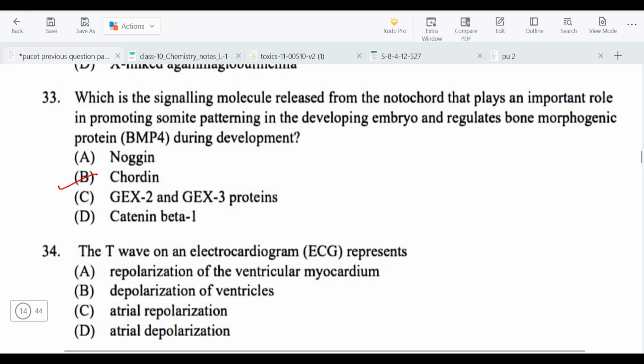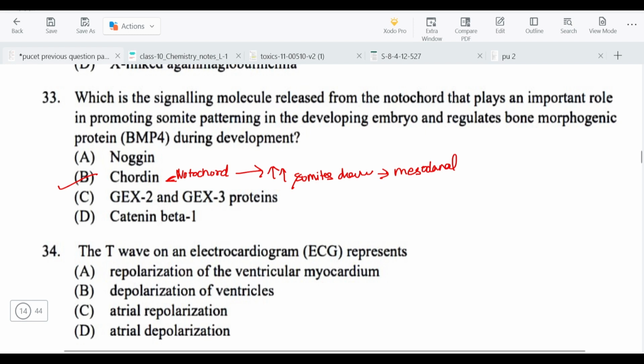So this noggin is secreted by the notochord and it promotes somite development, and these somites are responsible for mesodermal growth, right?